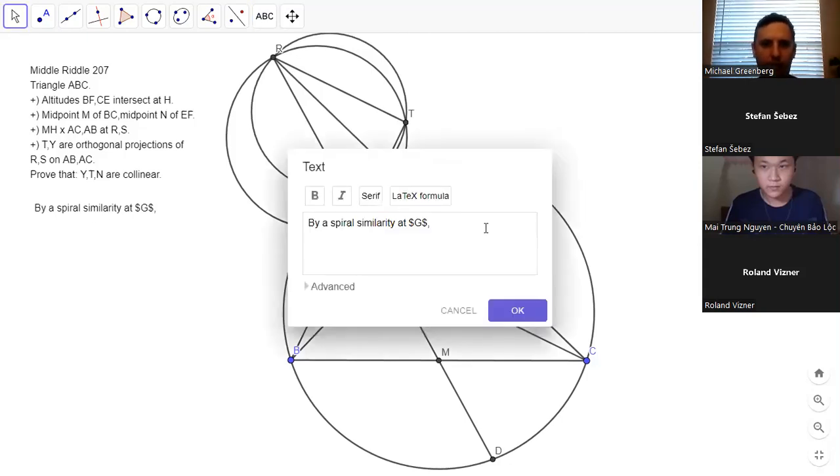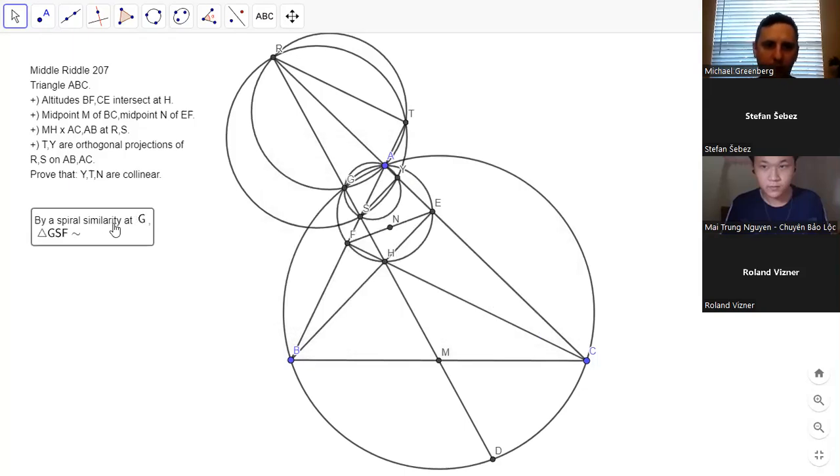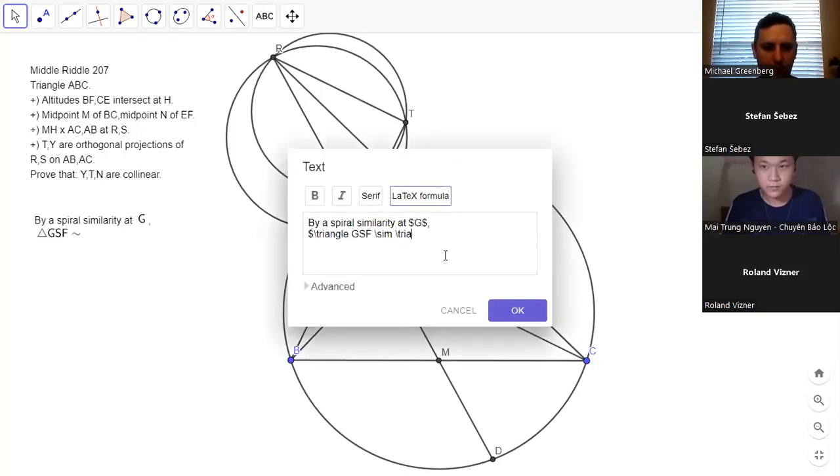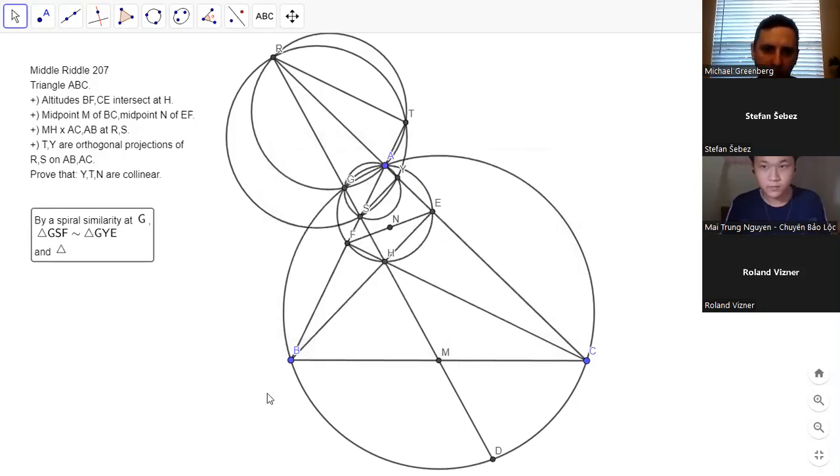So I'll just write it like that. So GSF is similar to GYE, and GSB is similar to GYC.